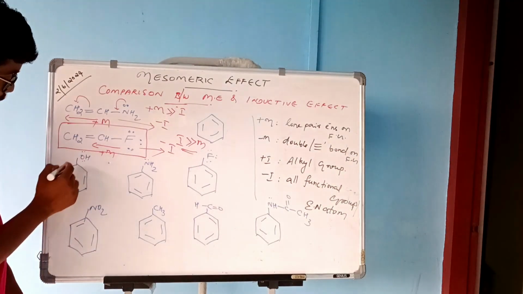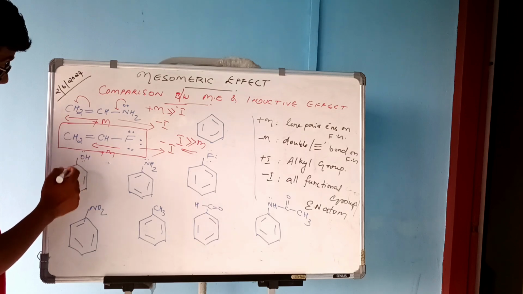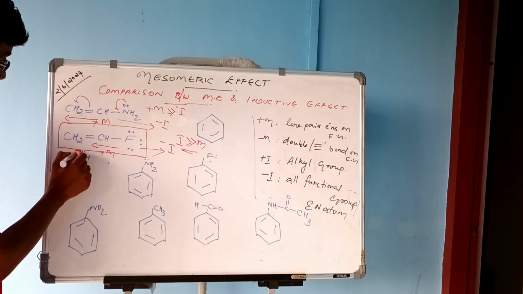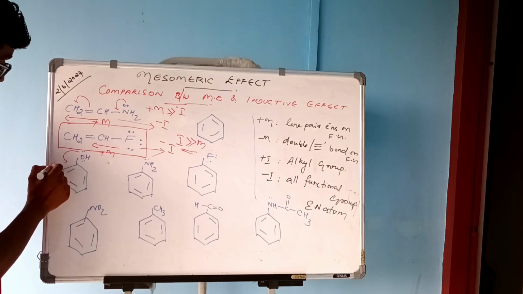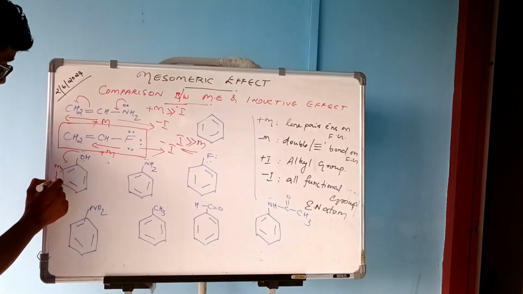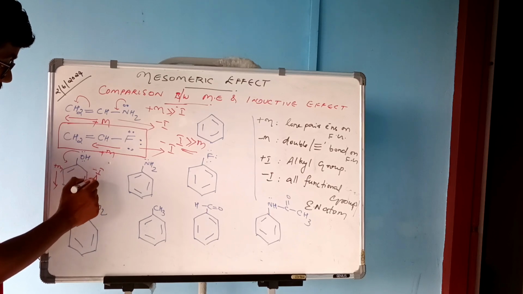Let's see this example, where an OH group is connected to a benzene. Because of the lone pair of electrons, the electrons will come here. So the plus M effect is in this direction, and the minus I effect is in this direction.